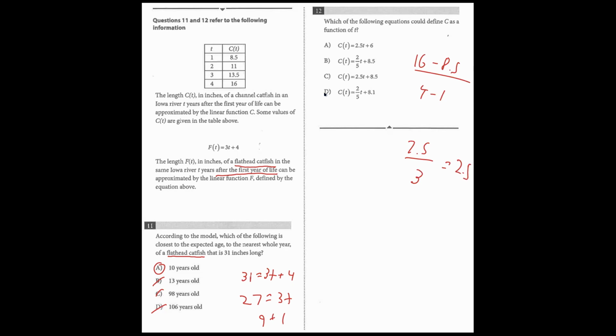So the slope is 2.5. And for the intercept, it would just be 8.5 minus the slope, because this is at 1, and we need to find what is at 0. So 8.5 minus 2.5 is 6. So the correct answer is 2.5t plus 6. So the correct answer is A.